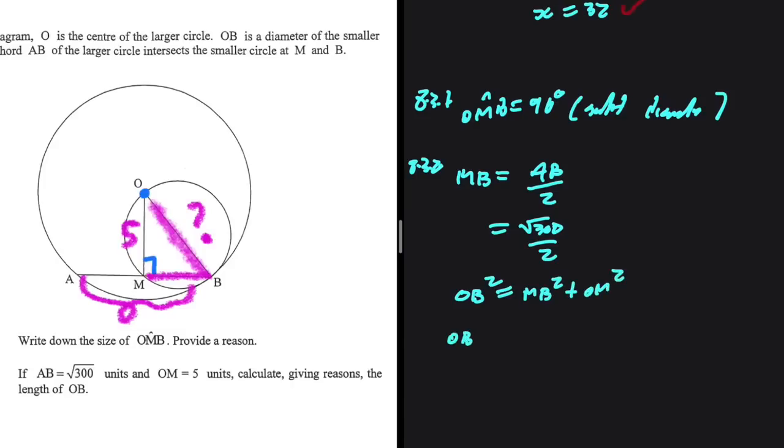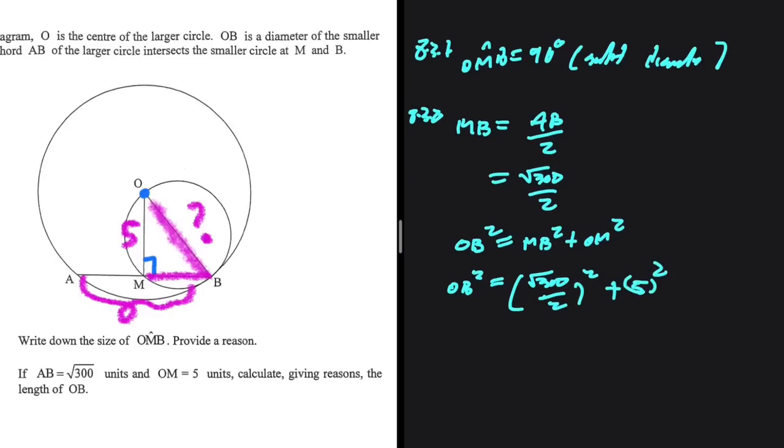So OB squared will be equal to MB, square root of 300 divided by 2, squared, plus OM. OM is 5 units, so I have 5 squared. Let me put that in my calculator.